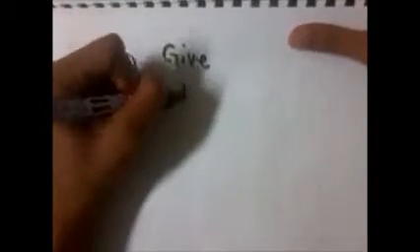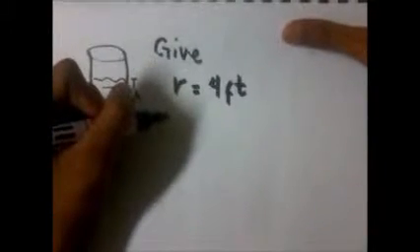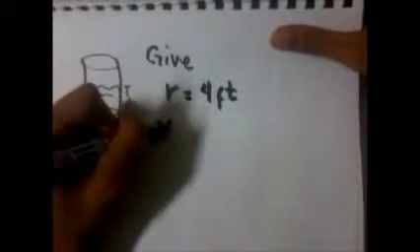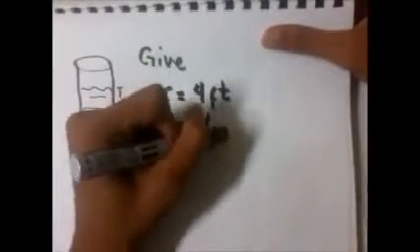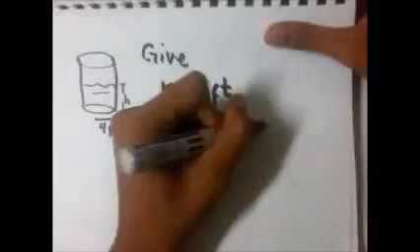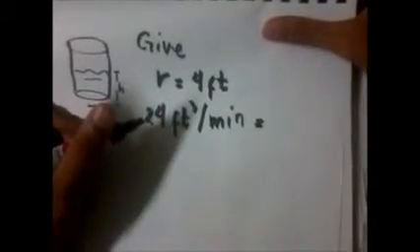Then, since our given is a radius equal to 4 feet, then our 24 feet cubed per minute is the rate at which the water is flowing.